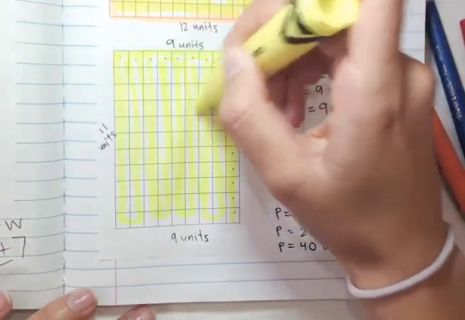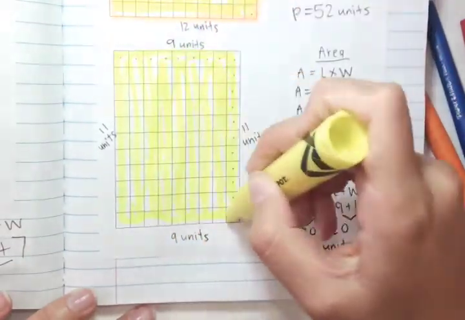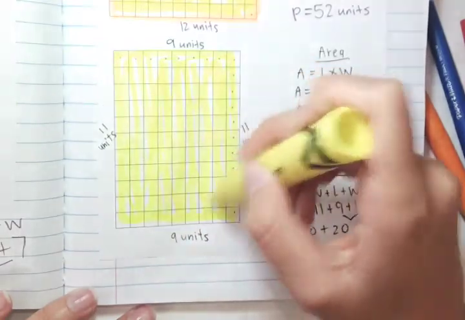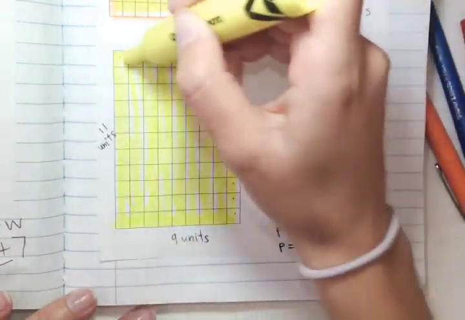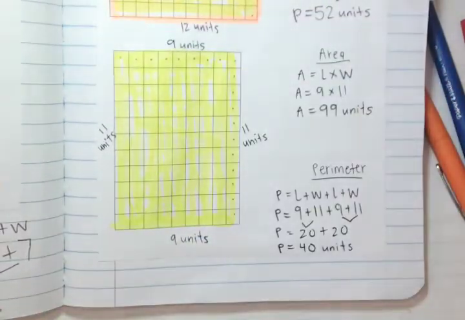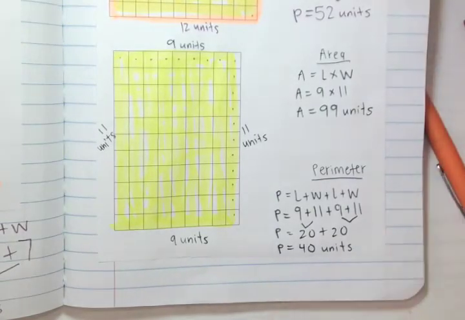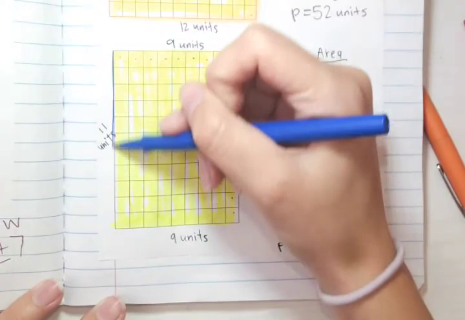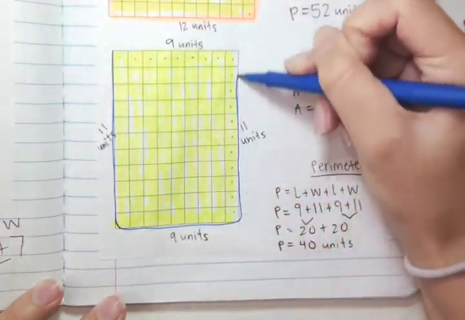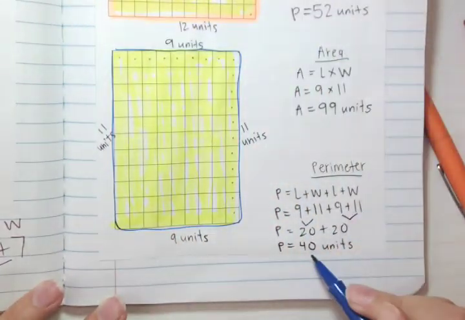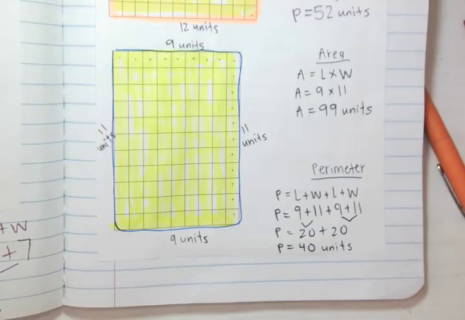If you added all of these up, there would be 99 squares in there, okay? But for our perimeter, if we just wanted to know what is on the outside, how many squares are touching this edge? That would be 40. 40 of those squares are touching that edge, okay? So that is area and perimeter.